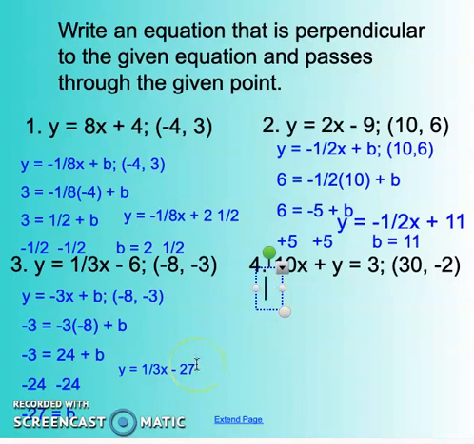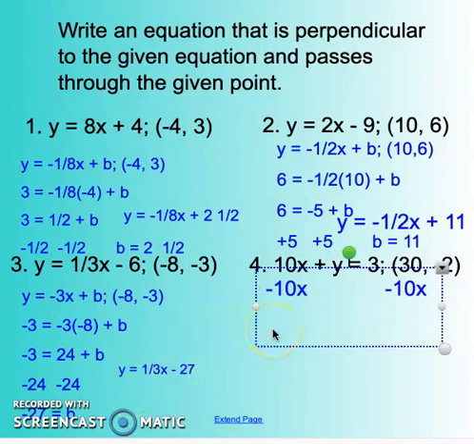How do we move that 10x over? Exactly. Let's subtract. So if I subtract 10x on this side, and I go over and subtract 10x on this side, now do you notice I have y equals negative 10x, and I still have my positive 3 that's over there.